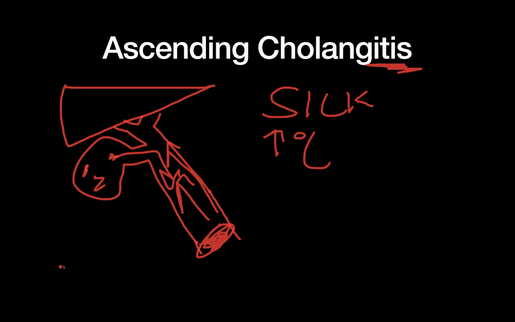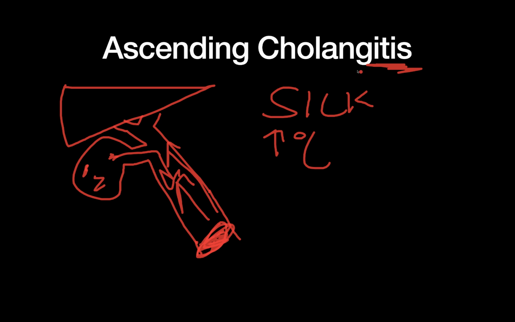I find memorizing them to be somewhat silly, as if you think through the symptoms of somebody who's sick from an infection of their bile ducts, it's just kind of common sense signs and symptoms. And then Reynolds' pentad is just when they get that much sicker. But what I want you guys to be focusing on is, once again, the basic pathophysiology and then the management.